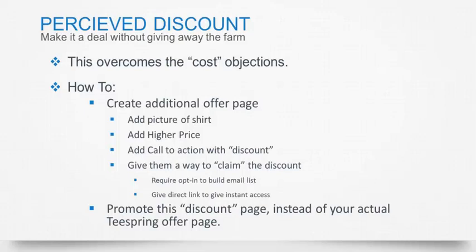Or you give them a link that they can click, and it takes them straight to the Teespring page and gives them, quote-unquote, instant discount. Then, instead of promoting your Teespring page, you now promote your discount page on your Facebook and in all of your marketing. Super simple.